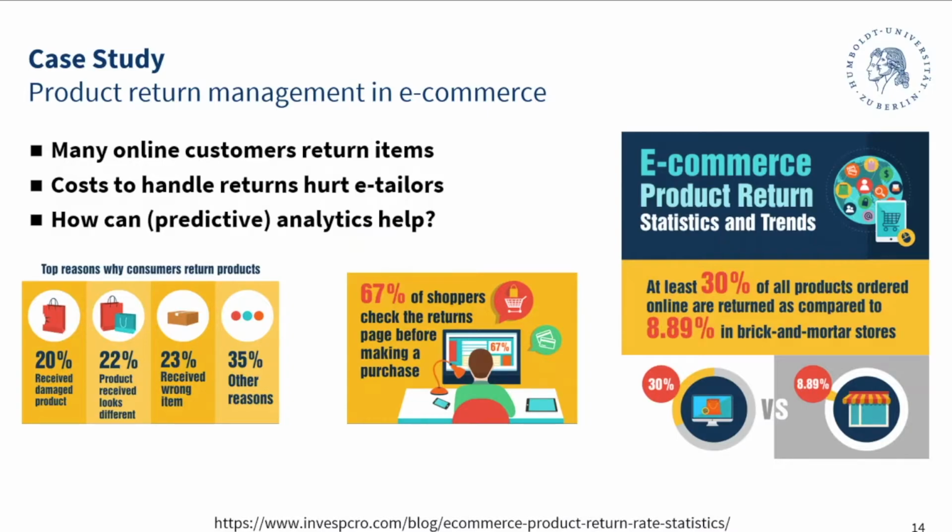Zalando was really struggling with the return problem for a long while, which hindered them from making any profit, because they were always popular. They used this massive marketing strategy to popularize their brand, to get their brand into the mindset of consumers.